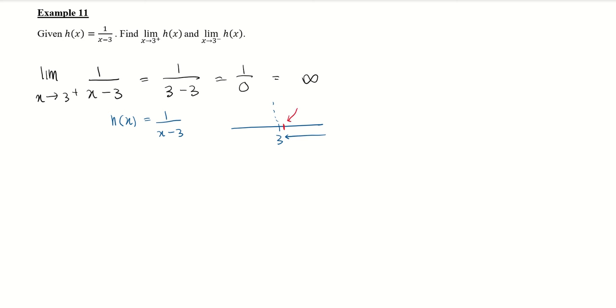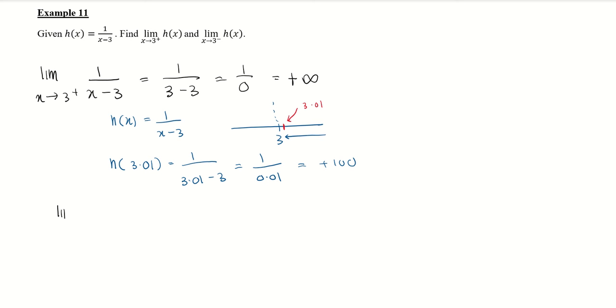We can choose 3.01, for example. Let's look at the value for h(3.01). If we substitute, we get 3.01 minus 3. This is 1 over 0.01, which is positive 100. We get a positive value, so the answer here is positive infinity.